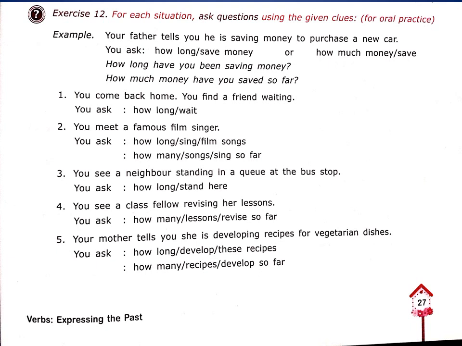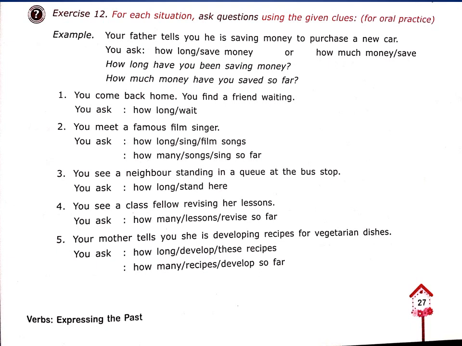So the how long question will be: how long have you been saving money? Have you been or has he been? Like this we need to mention in the sentences, children. How long have you been saving money? How much money have you saved so far? Right, everyone? So we need to see whether we are writing present perfect or present perfect continuous.